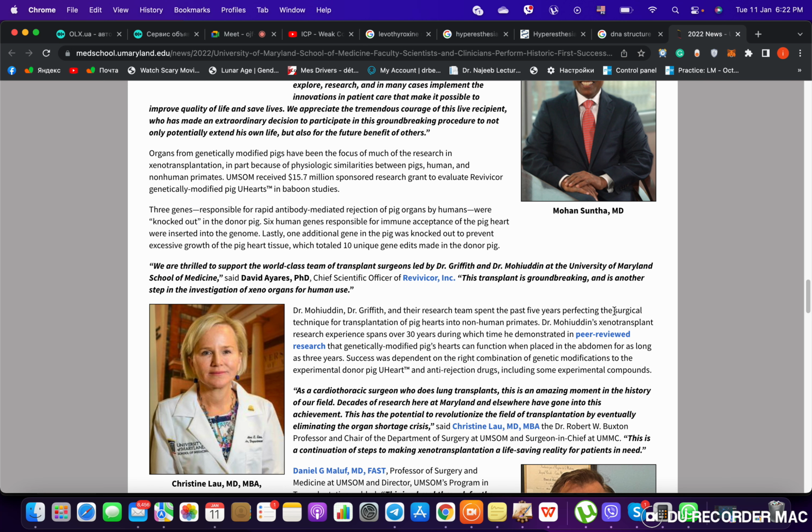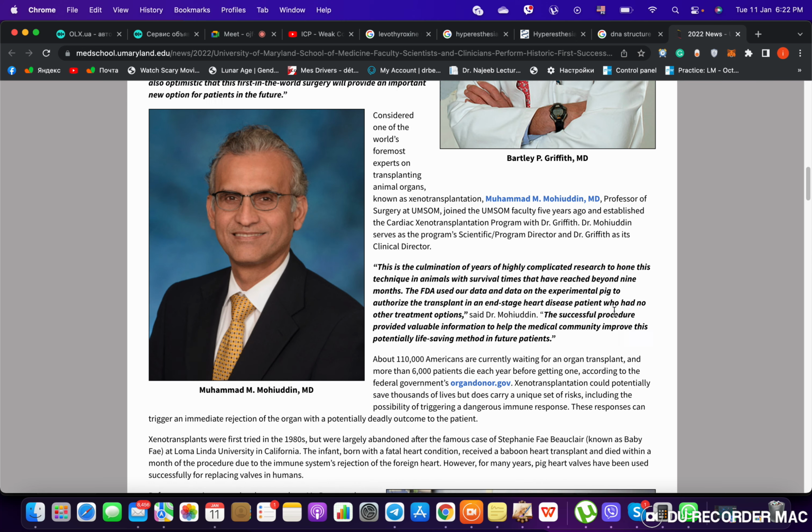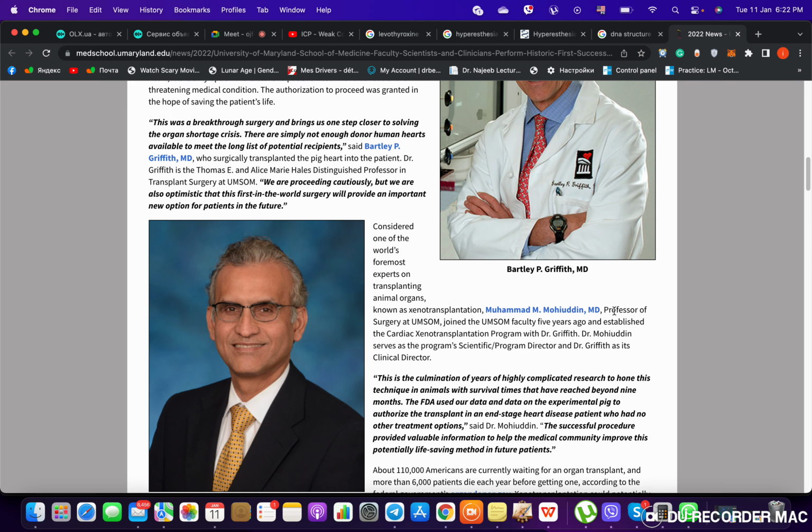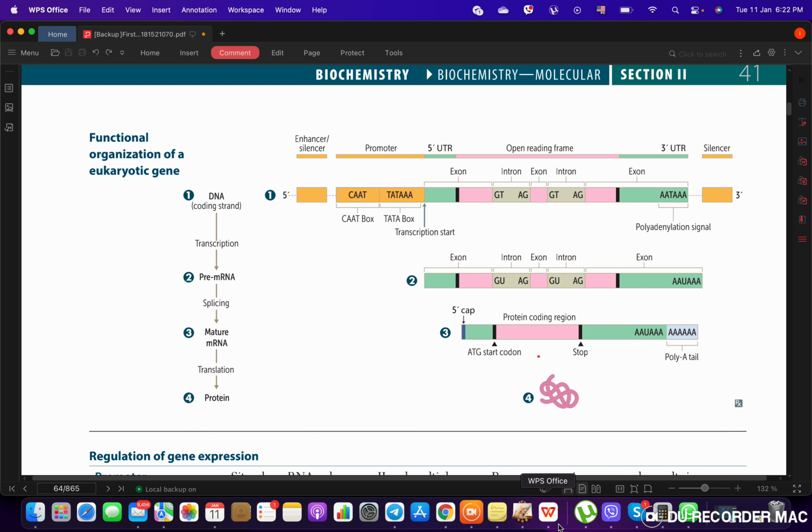A couple of months ago, I saw the renal transplantation from a pig into human beings. One of the most serious problems we always face is rejection. So why are we not rejecting these hearts and kidneys from these animals? Actually, it's not about the HLA.